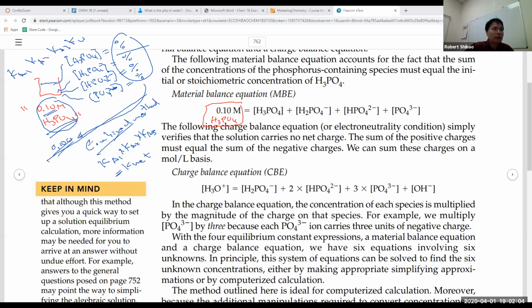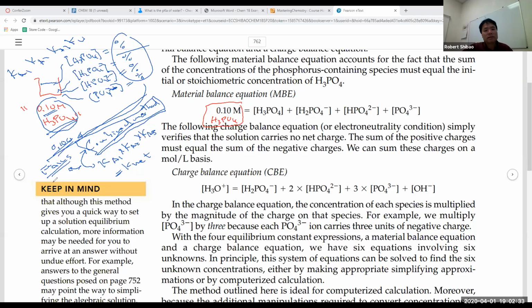The reason why the combined method fails, and I didn't call it this at the time, I explained it a different way, is because it violates the law of mass action.